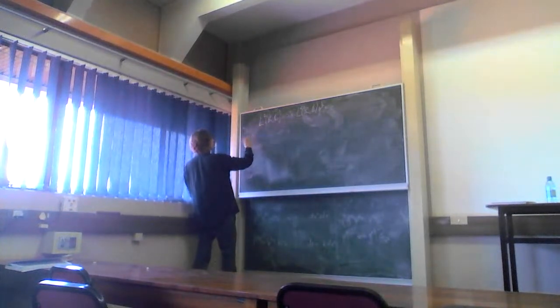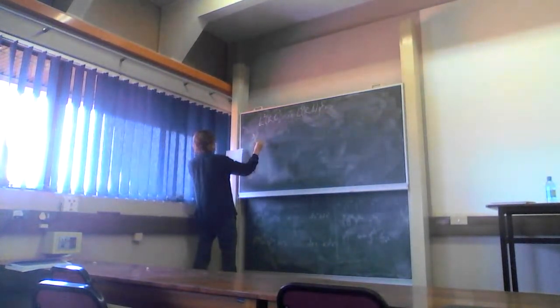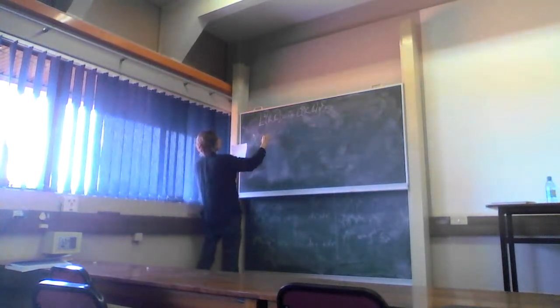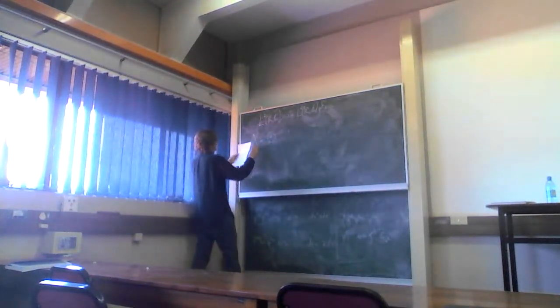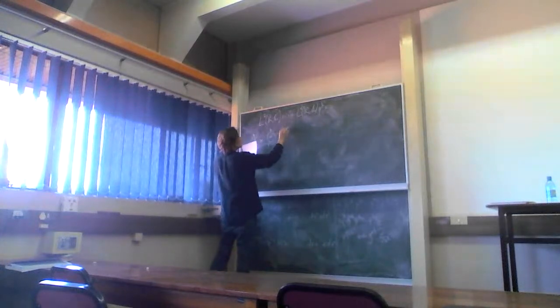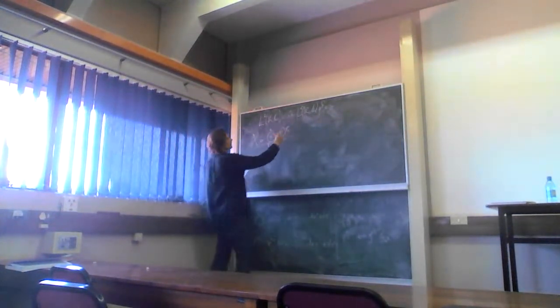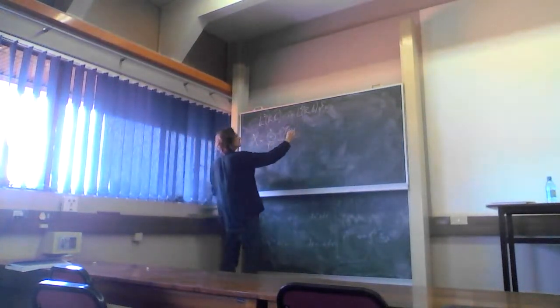Now, for these n fermions, we can instead write the Hilbert space in the following way. We interpret these as ordinary functions, which are zero forms on our manifold.